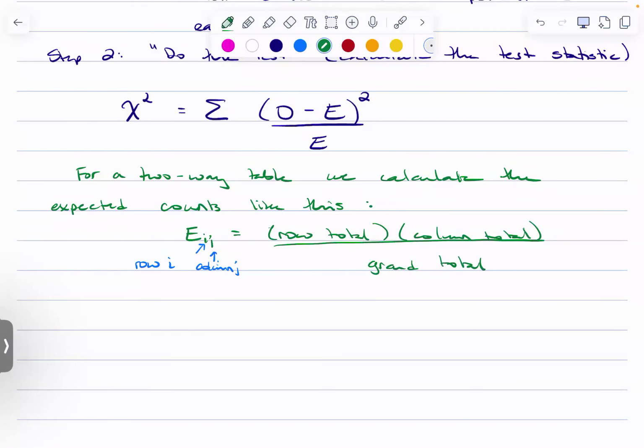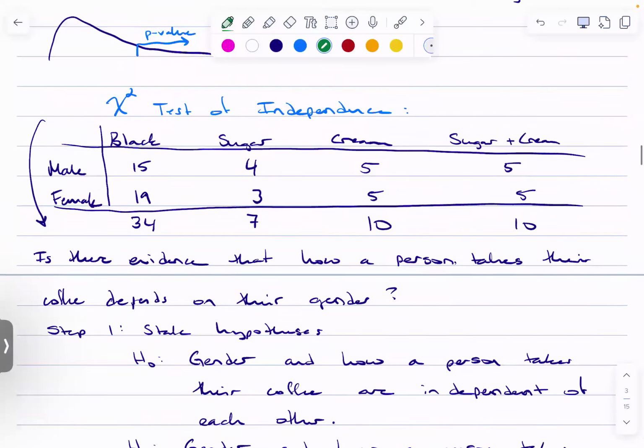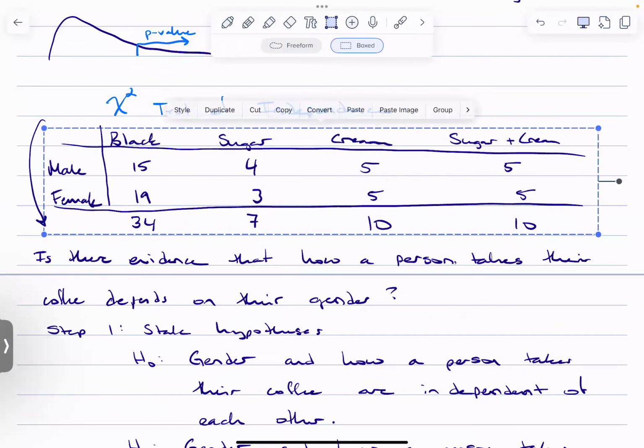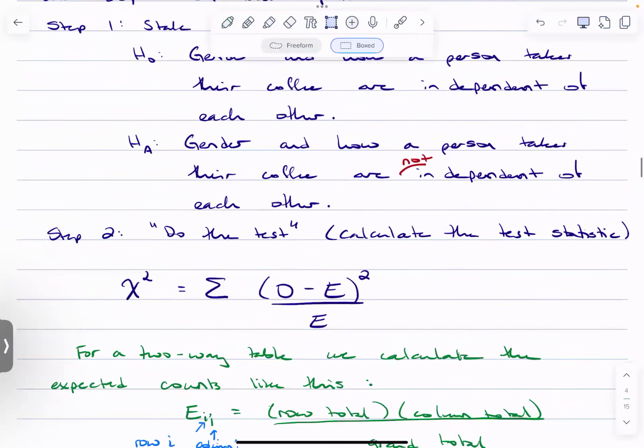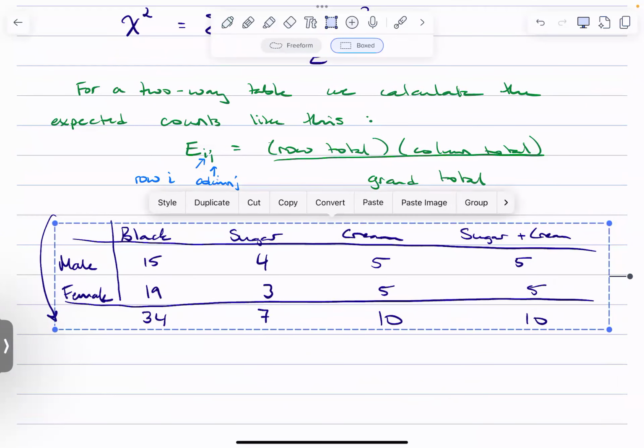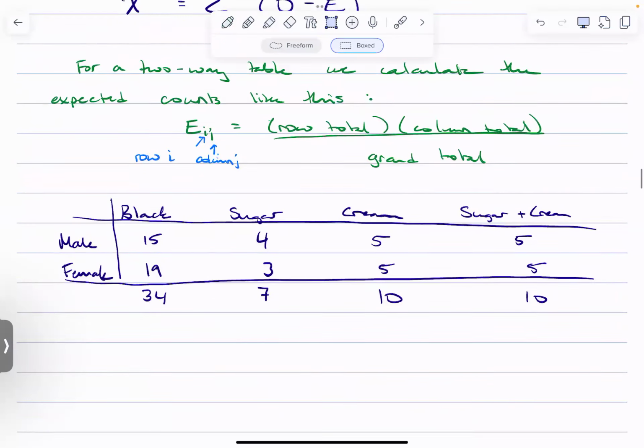So there are a couple of different ways that we can do it. I actually like to just jot down my expected counts inside the original table. And I'll show you why.